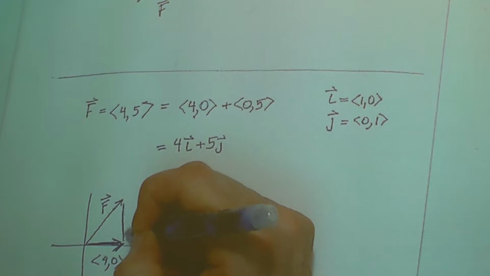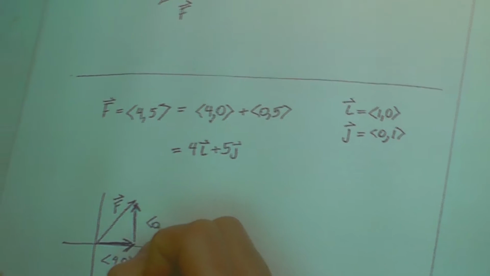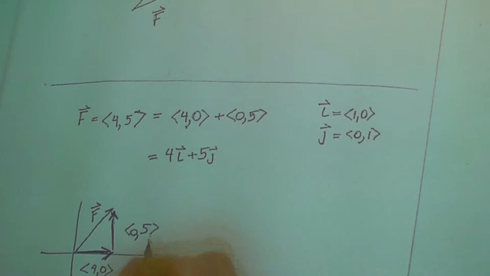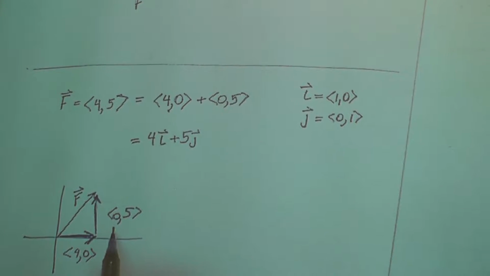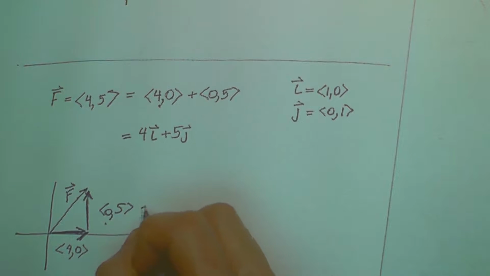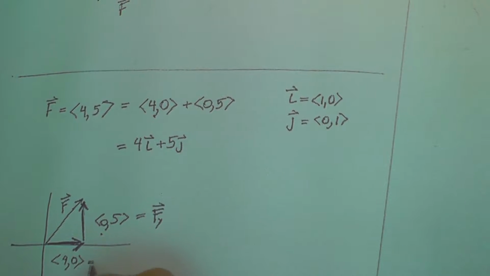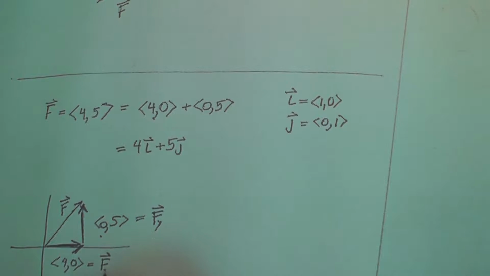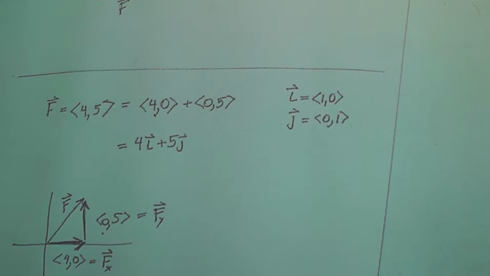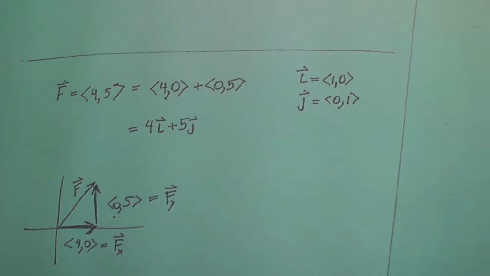And this guy up here is 0, 5. That's the component of F in the y direction. Sometimes these get denoted F sub x and F sub y. You guys seen this? Okay?